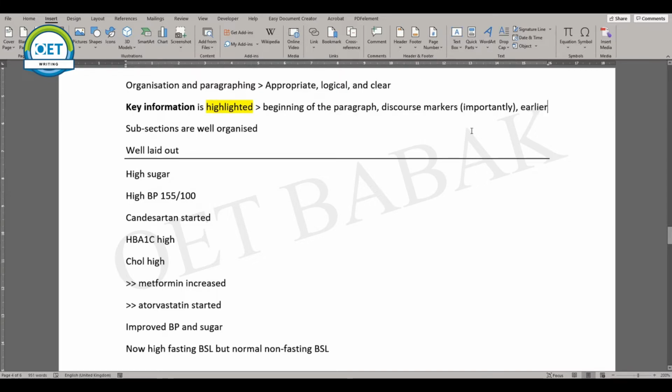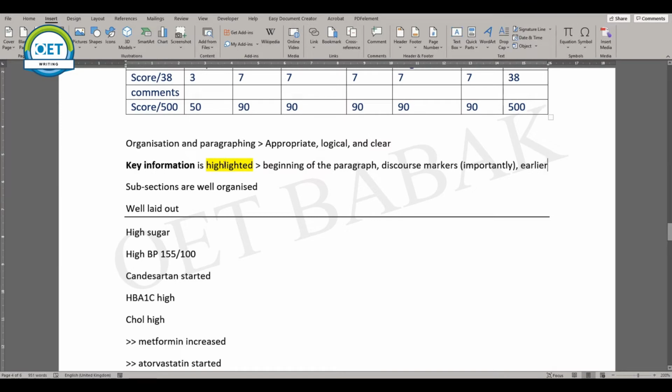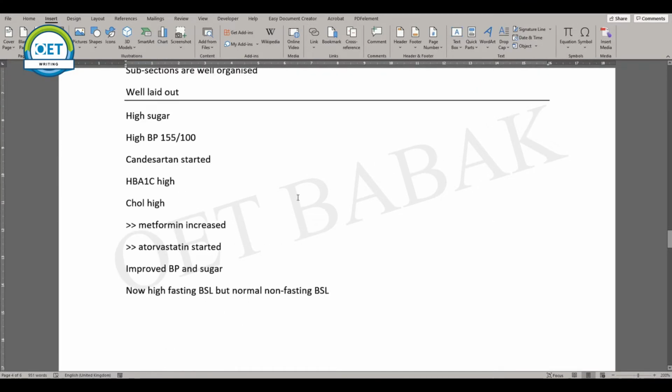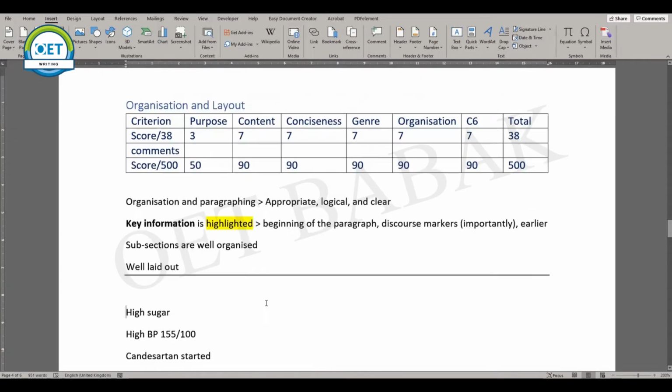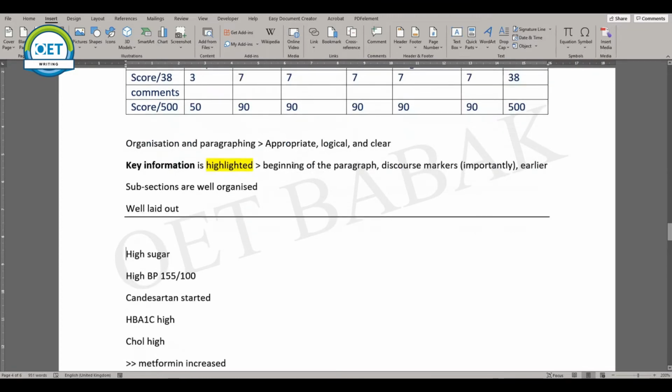So that is how we highlight key information, by bringing it earlier in the document. What are our key information pieces? So here we basically want to see that the paragraphing is appropriate, logical, and clear.